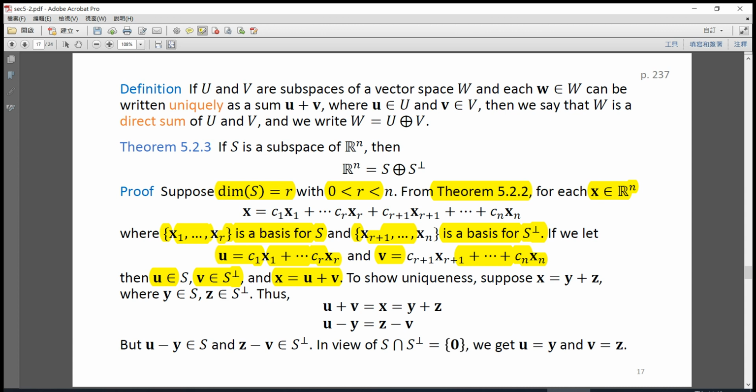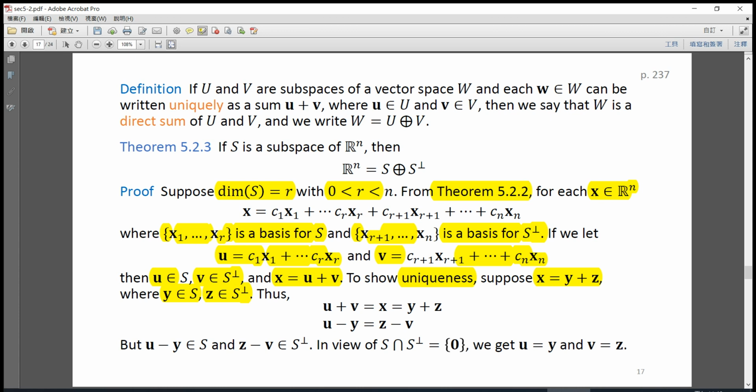To complete the proof, we need to show uniqueness. To this end, we suppose x also equals y plus z, where y belongs to S and z belongs to S perp.